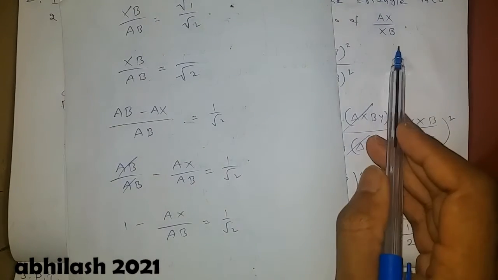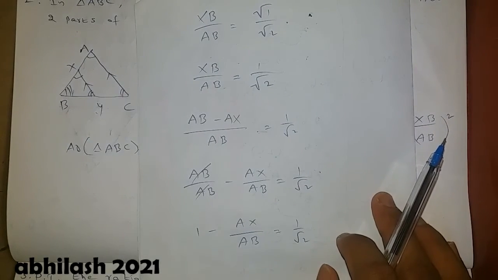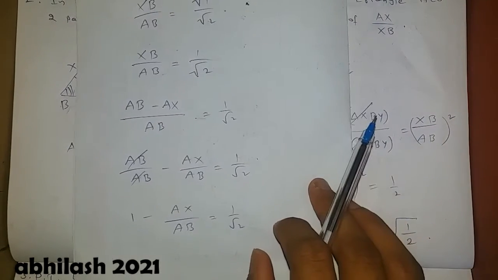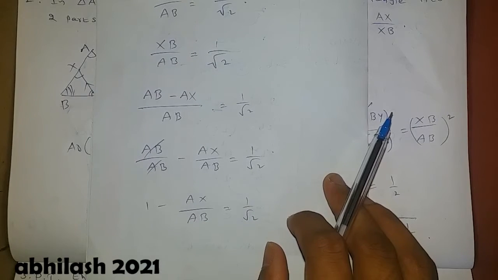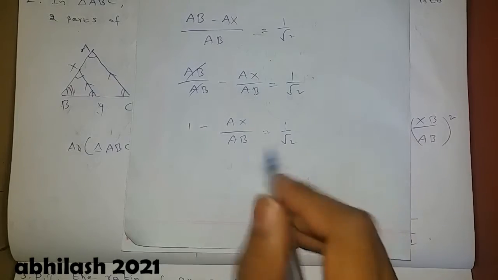Next, we want AX by XB value. Now I will bring this 1 by root 2 to this side.